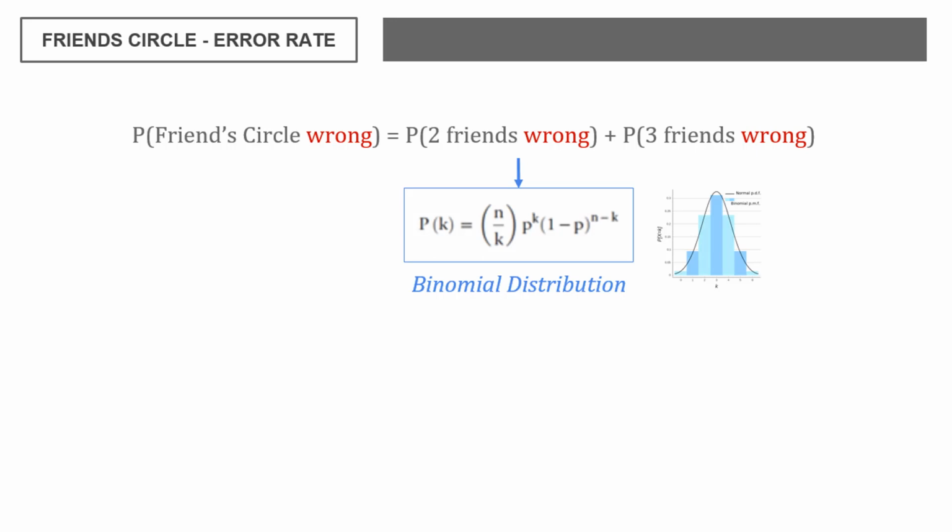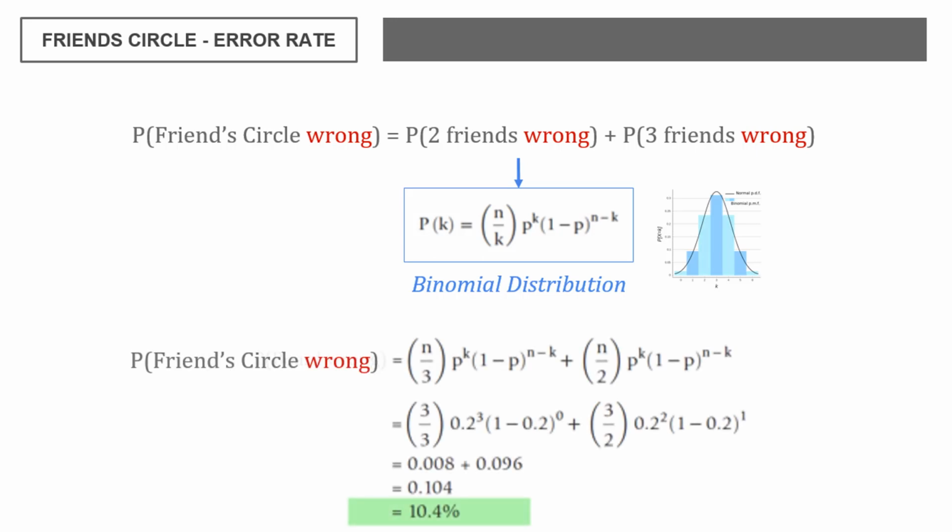In binomial distribution, the probability of k successes in n independent trials, each with a success rate of p, is given by a probability mass equation that you see on the screen. Using the mass function, we can calculate the probability of the error for the whole friend circle, which is a grand 10.4%.